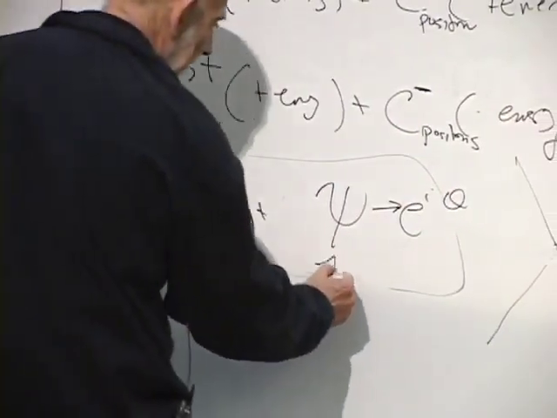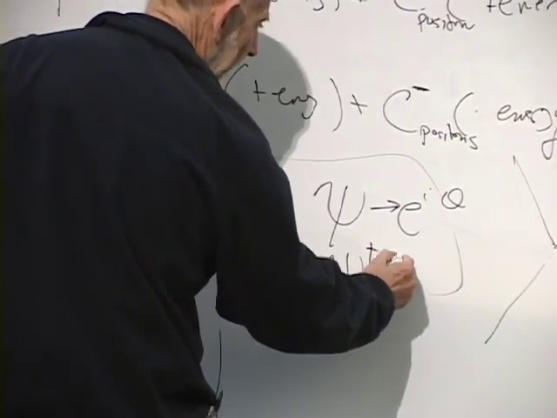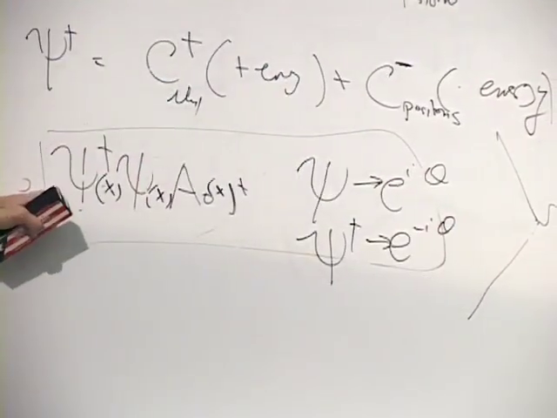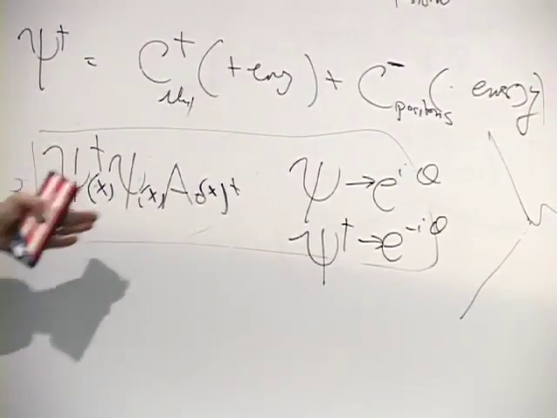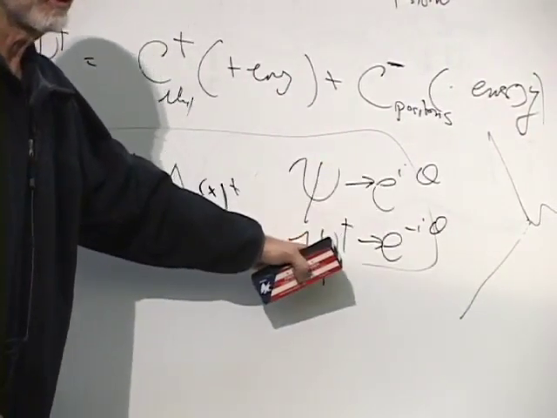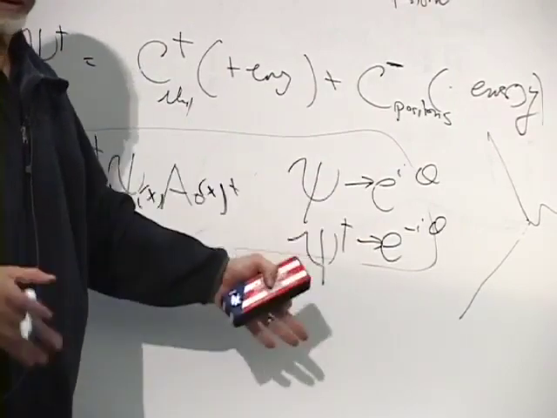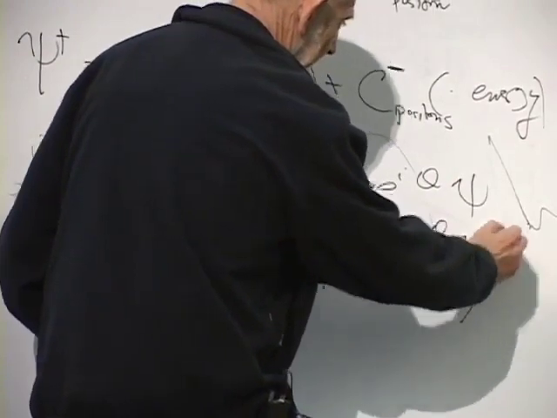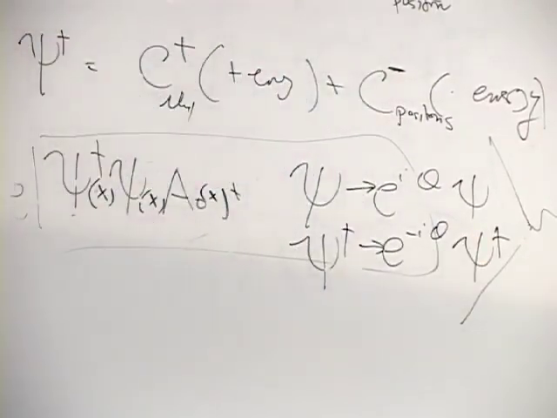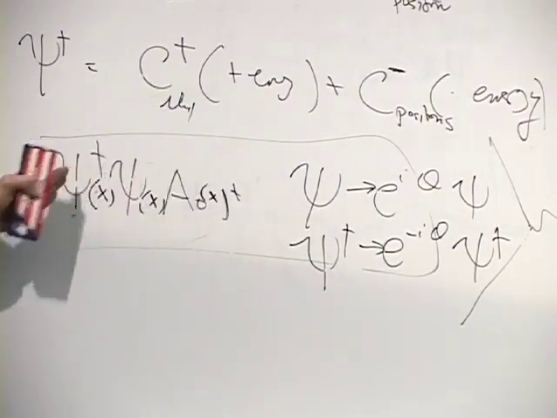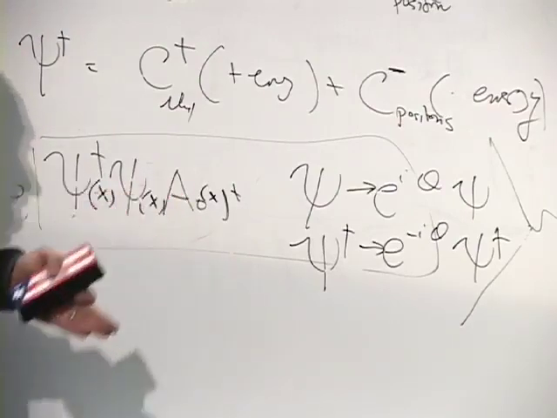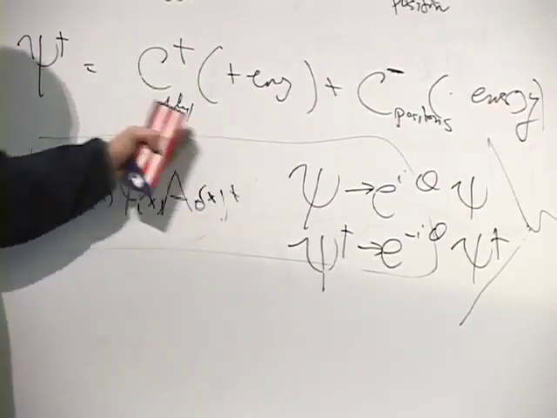Psi dagger at the same time gets multiplied by e to the minus i theta, and psi times psi dagger will be unaffected by this change in psi. So a symmetry of this Lagrangian is multiplying psi by a phase, multiplying psi dagger by the complex conjugate phase, and doing nothing to A. That will not change this Lagrangian.